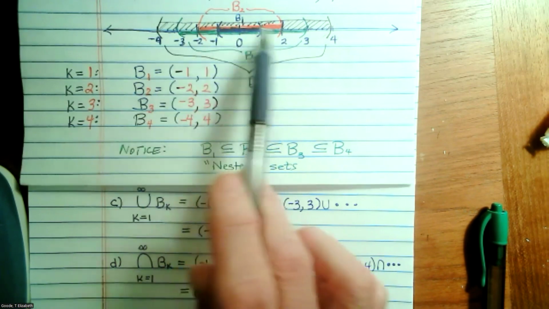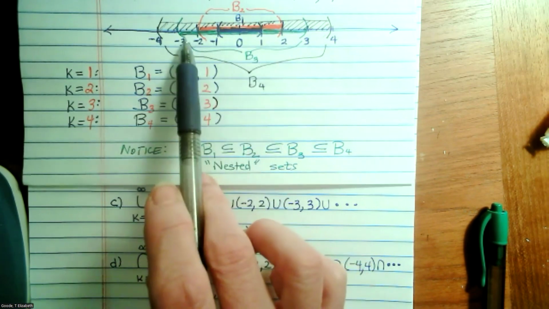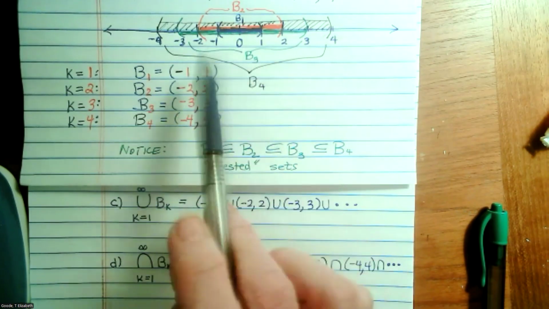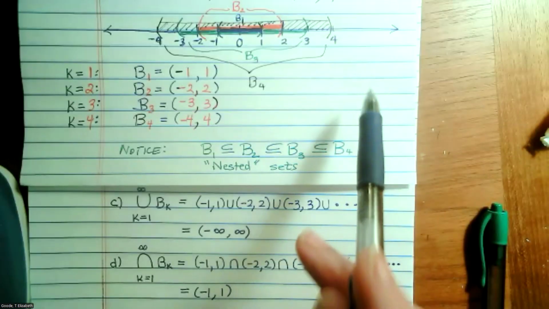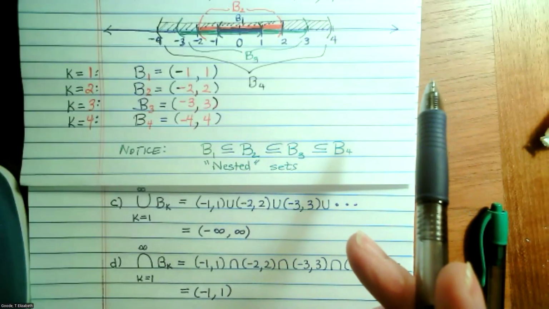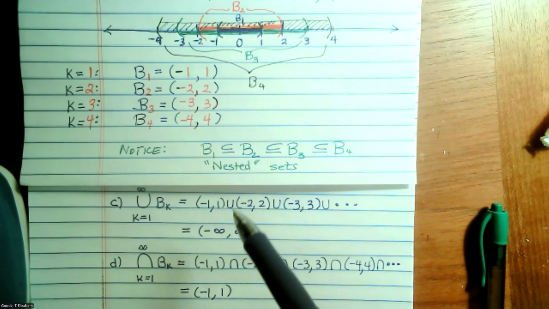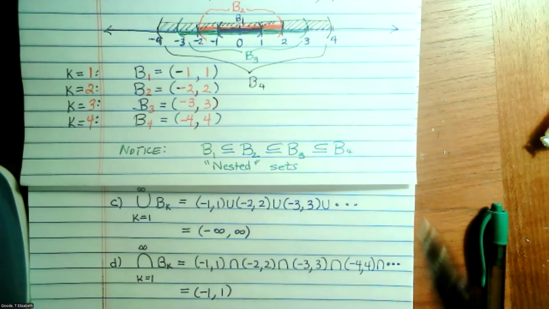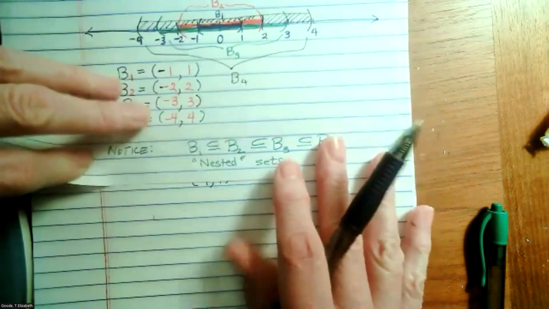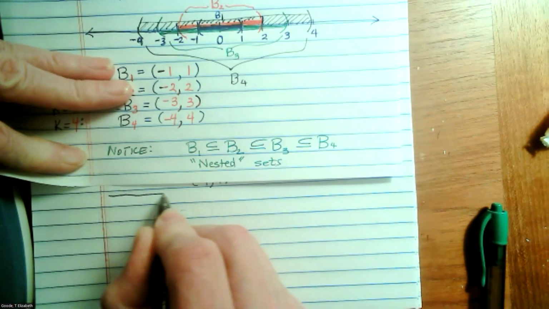It was inside the second one, which was inside the third one. That doesn't have to be the case. The pictures can look different depending upon how we define the set, B sub k or A sub j, or however we decide to assign variables. So let me give you some do laters for this, shall I?